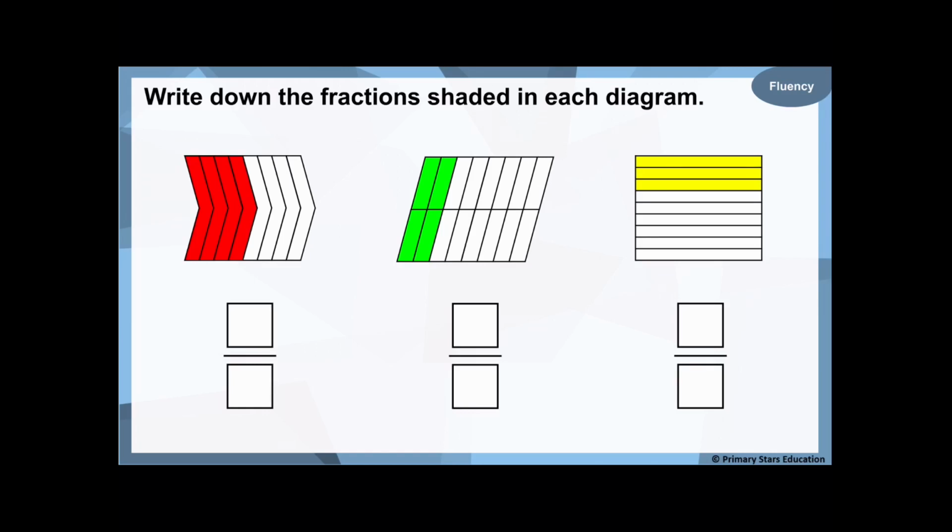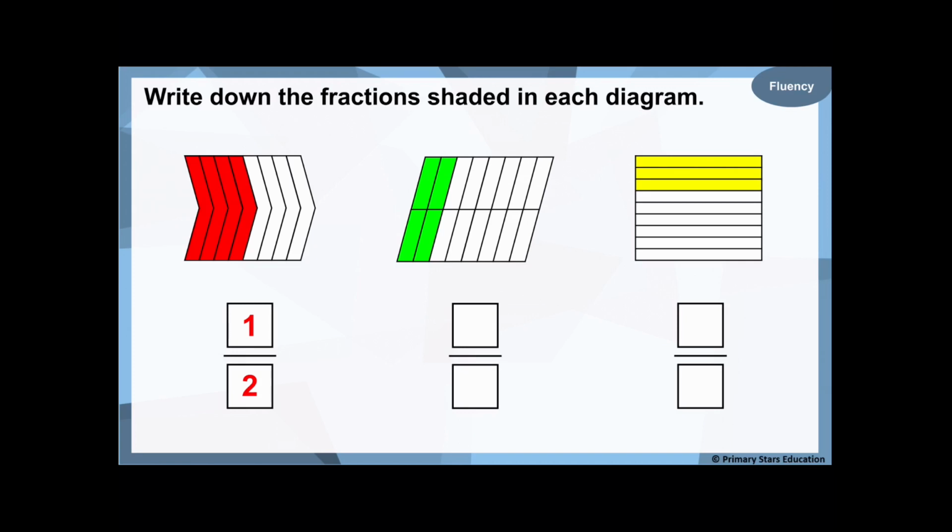Now write down the fractions that have been shaded in each of these pictures. Look really carefully. Look at the red arrows. 4 of the 8 arrows have been coloured red. Therefore, half of the picture is red.